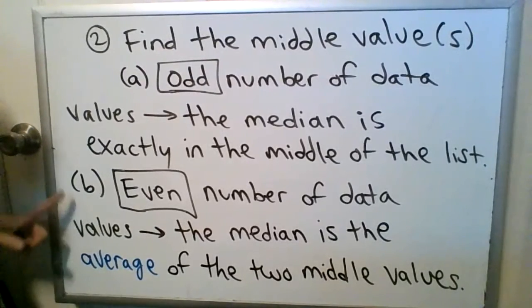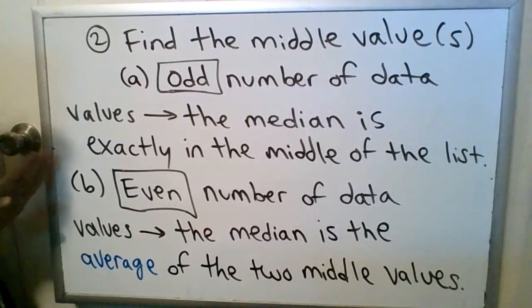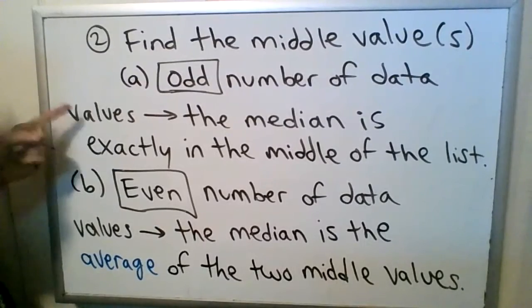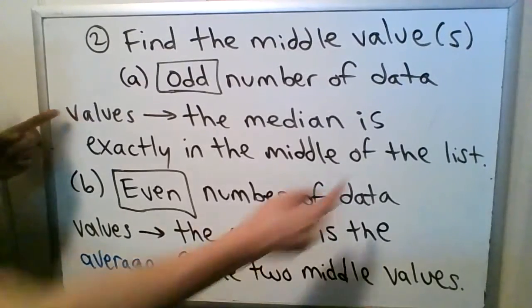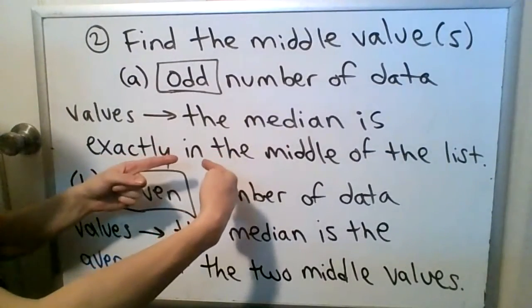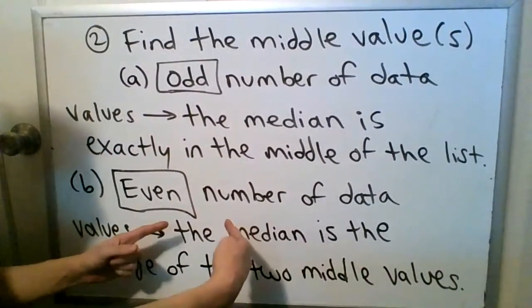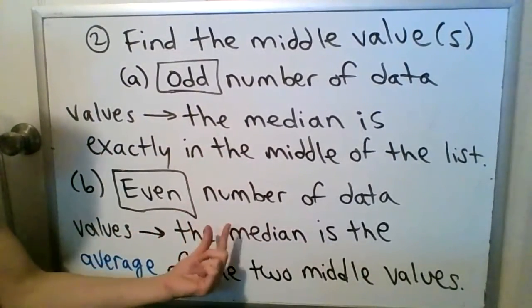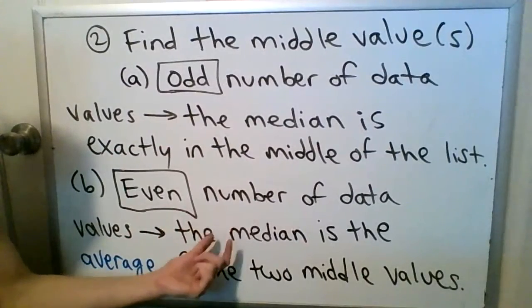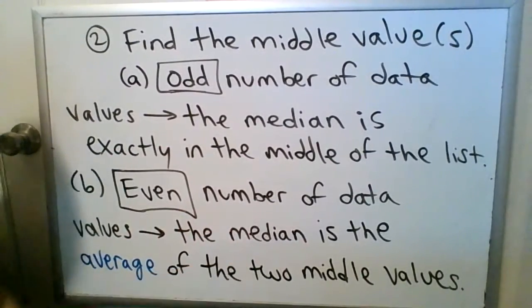So again, we'll practice on Thursday, but we'll put our list in increasing order. If there is an odd number of values, we're going to go to the middle and use the number right in the center. If it's an even number of values, we're going to go to the middle and take the 2 numbers in the center and find their average, and that's our median.